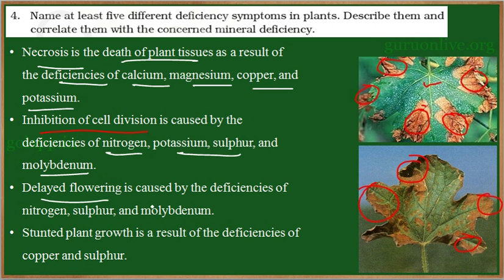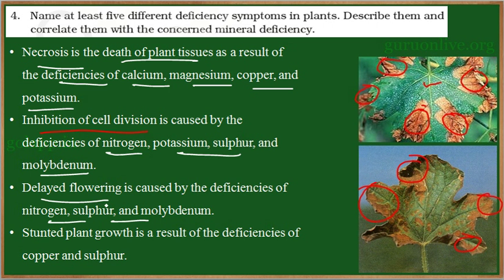The next symptom is delayed flowering, and this is caused by deficiency of nitrogen, sulfur and molybdenum. Every plant has a cycle. In a particular season it flowers and then forms a fruit, and flowers are the reproductive organ, so a new plant will be formed.